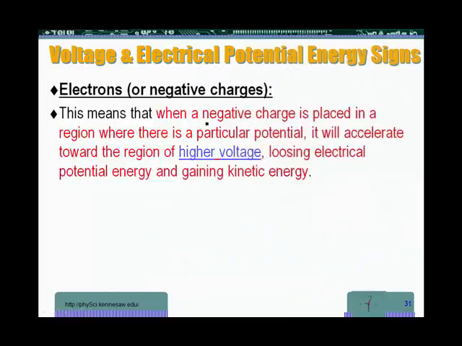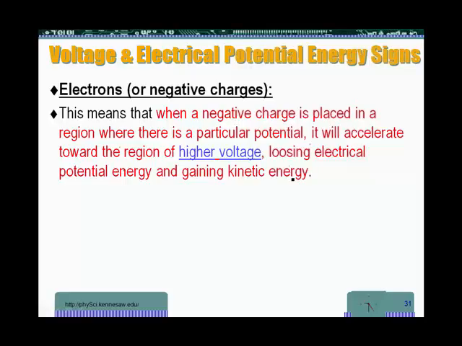Again, to explain that, when a negative charge is placed in a region where there is a particular potential, it will accelerate towards the region of higher voltage, losing electrical potential energy and gaining kinetic energy in the process. That's what we just talked about.